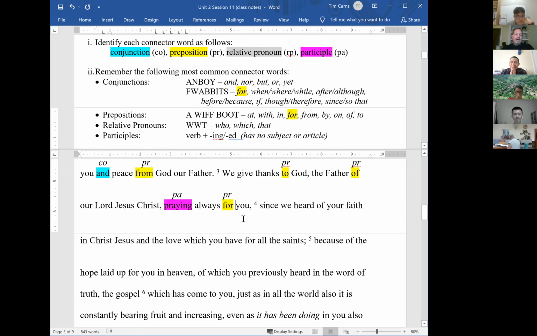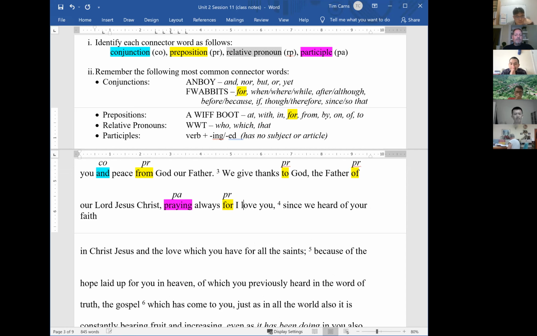Now, why does that matter? Well, if you have a conjunction here, if it had said, for I love you, that would change the way this clause is functioning. Remember, a conjunction, in this case, it would be subordinating, right? Because it's not coordinating: and, nor, but, or, yet.